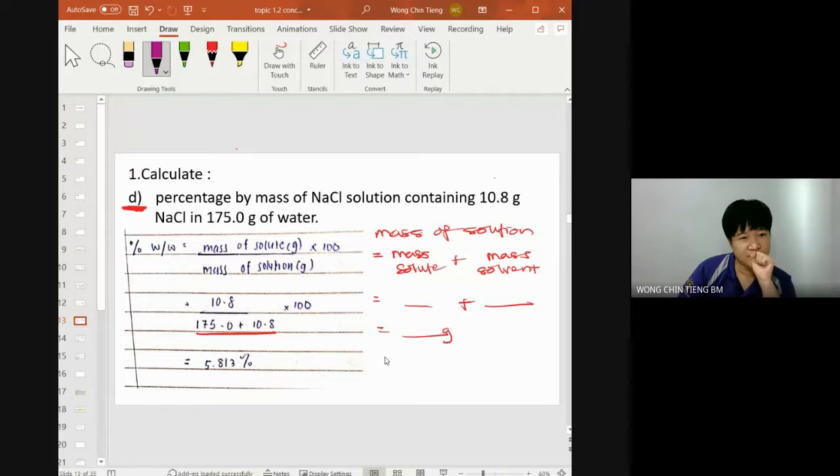Mass, there's no density. Mole fraction can be calculated. I want mole fraction of NaCl and mole fraction of water. Both. Now, there's no density, so can't calculate other things. So, I want mole fraction of NaCl. I want mole fraction of water.